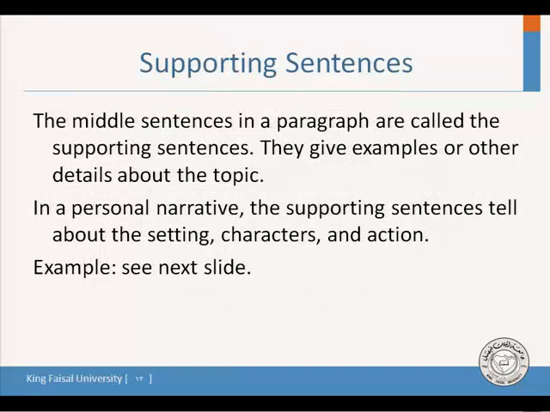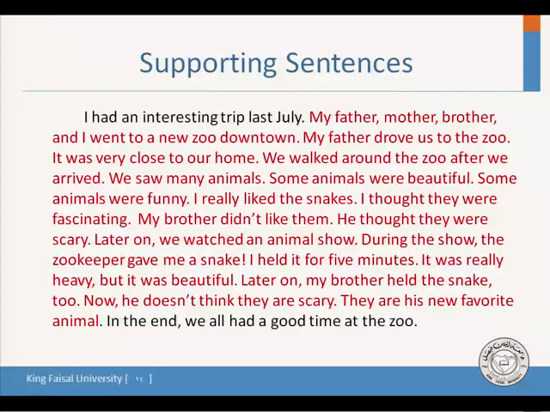Okay? Now, what comes after the topic sentence? We have the supporting sentences, the middle sentences. What do they tell us? They give us examples. They give us details about the topic. Okay? The same paragraph, the sentences in red, all these sentences, they support, they give us details. What happened during the visit to the zoo?